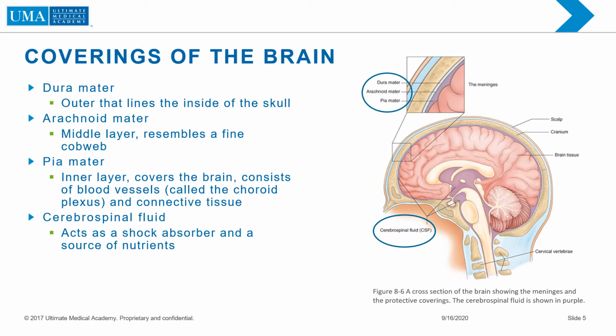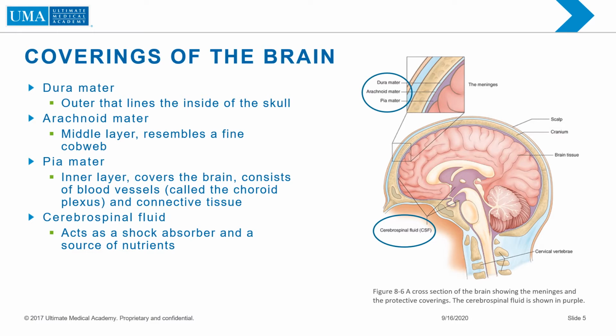The 3 meninges, as mentioned earlier, are the dura mater, arachnoid mater, and pia mater. Dura mater is the outer brain covering, which lines the skull. This is tough, dense membrane of fibrous connective tissue. It contains a lot of blood vessels. The arachnoid mater is the middle layer and resembles a cobweb with fluid-filled spaces.